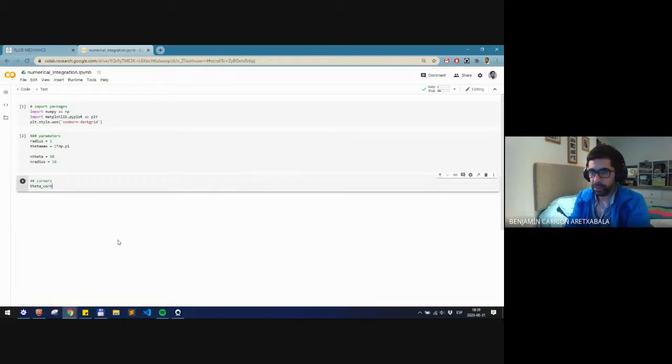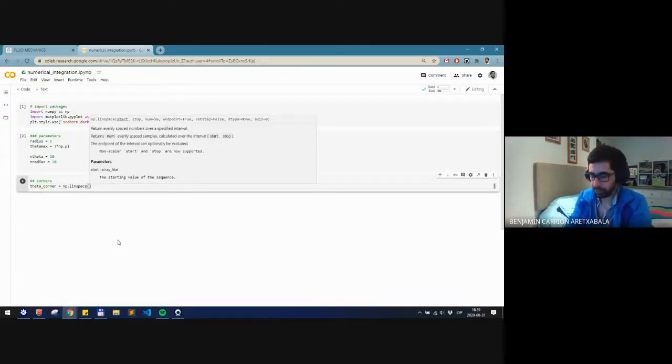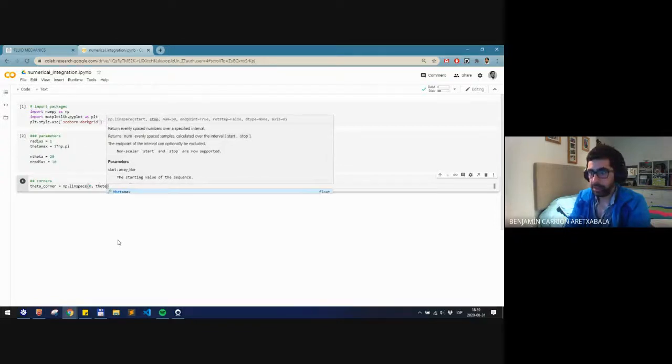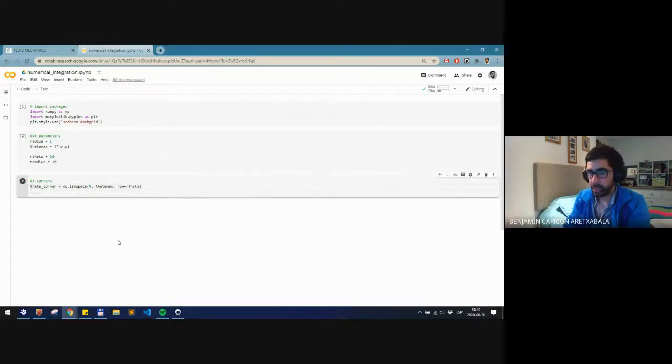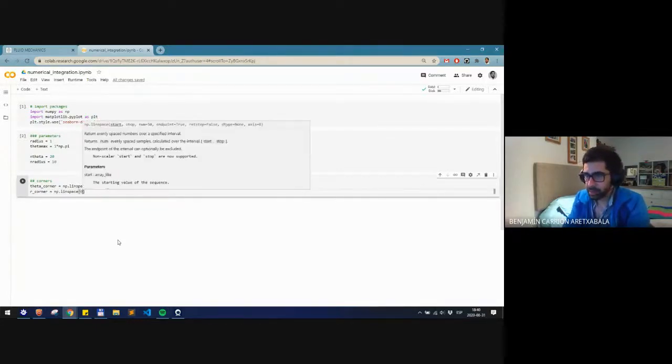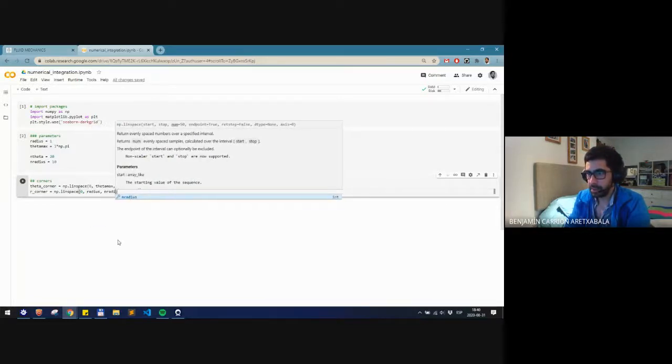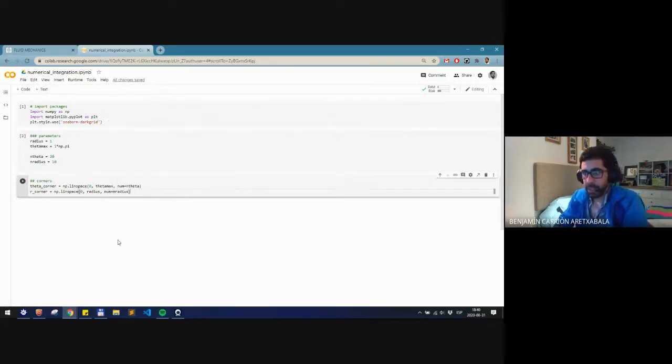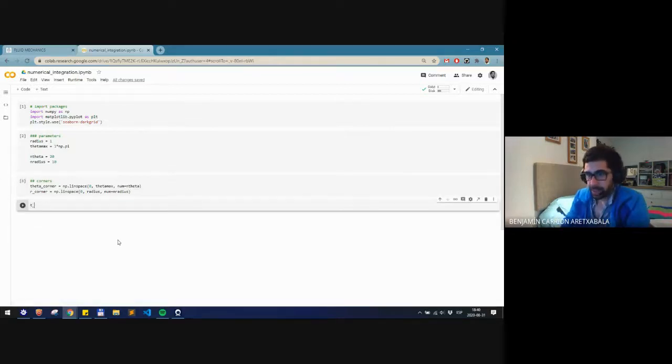Theta corner is going to be this function, which creates a vector from one value to another with a given number of elements. We can do the same with the radius.